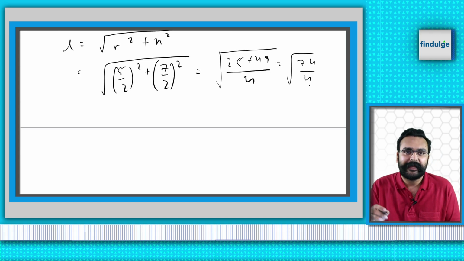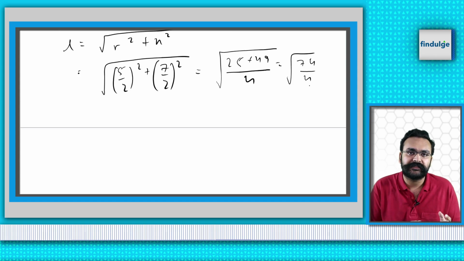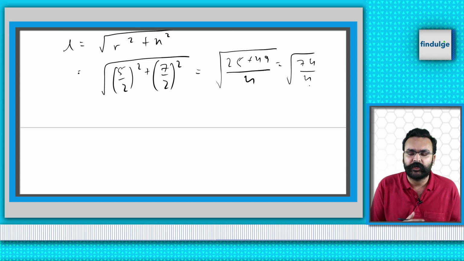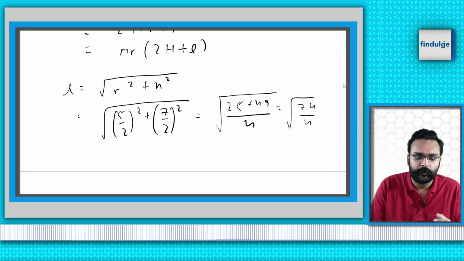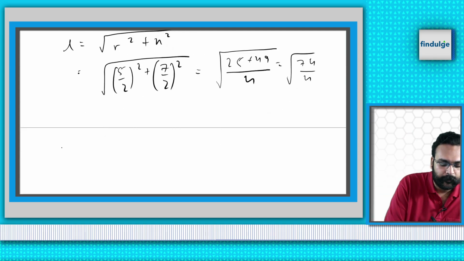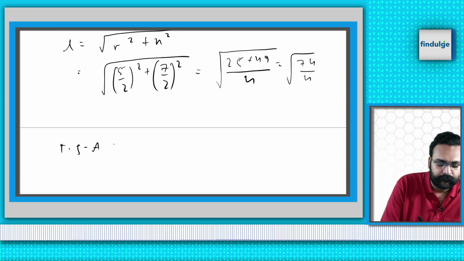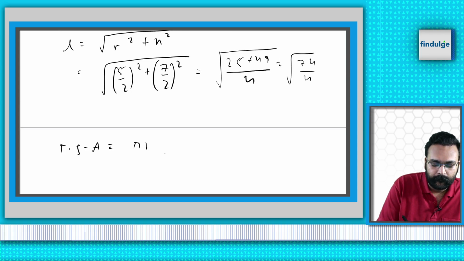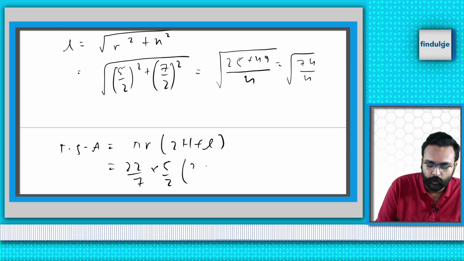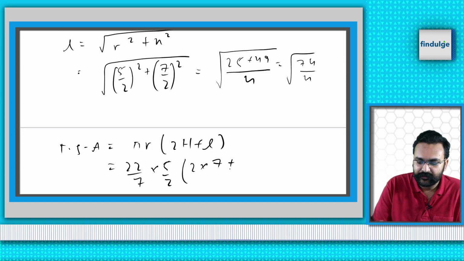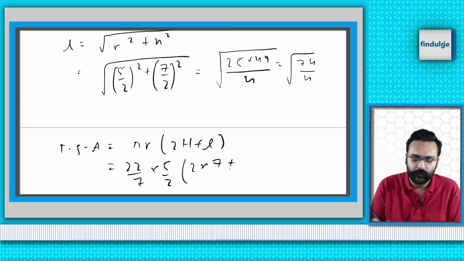Now when you get a question like this, you will leave your answer in terms of roots, unless they specifically ask you to calculate it into decimal values. So we'll end up getting in our formula of pi r into 2h plus L, that's equal to 22 by 7 into 5 by 2 into 2 times 7 plus L, which was root 74 by 4.